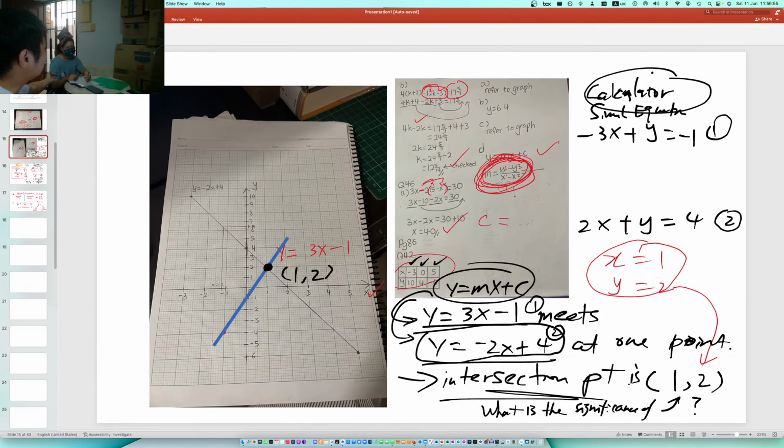Is to facilitate the calculation of y equals to mx plus c. To calculate for y equals to mx plus c.